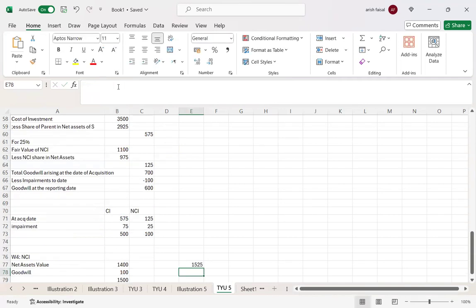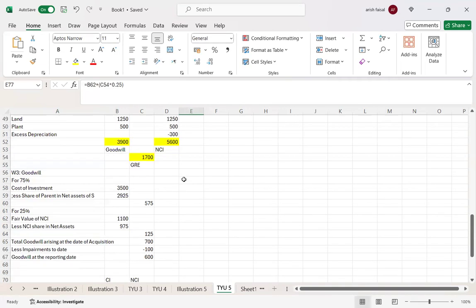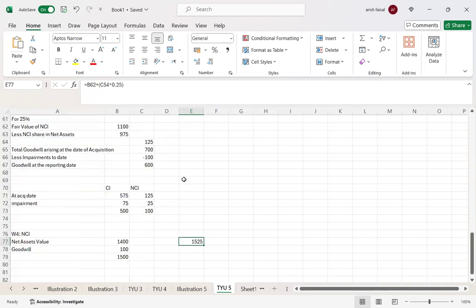So that will give me a total of 1,525. Okay. Yes, 1,525. And then you can subtract the impairment of the goodwill, which is 25. So you will get back again 1,500.